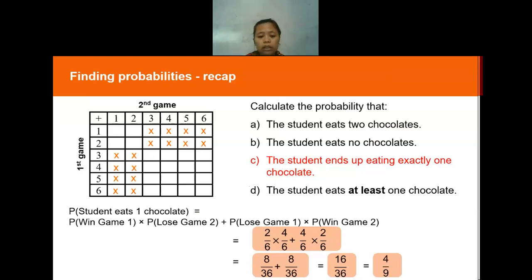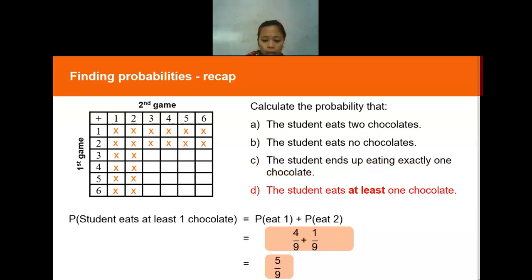For question D, the student eats at least one chocolate. So it means at the very first one the student gets chocolate, or the second one no chocolate, or maybe the first has a chocolate and the second one chocolate, or the first one no chocolate and the second one chocolate. If we make a grid, we can just count how many signs we already put letter X in here.